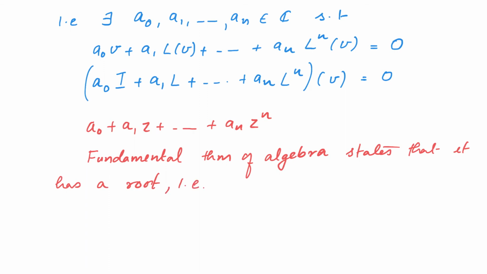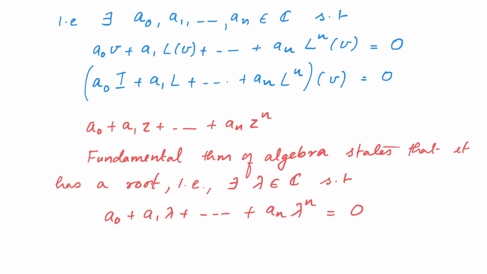That is, there exists a complex number lambda such that a0 plus a1 lambda plus etc., up to an lambda power n is equal to 0.